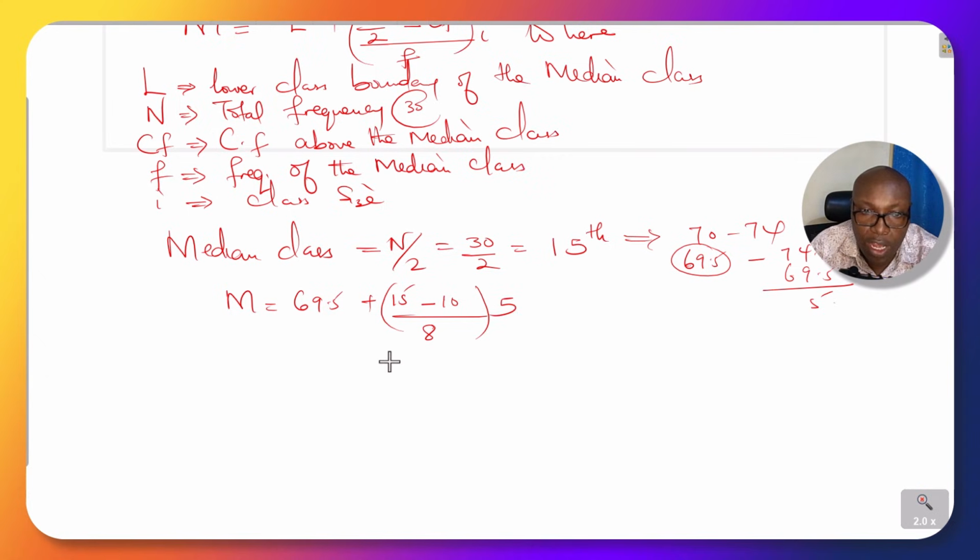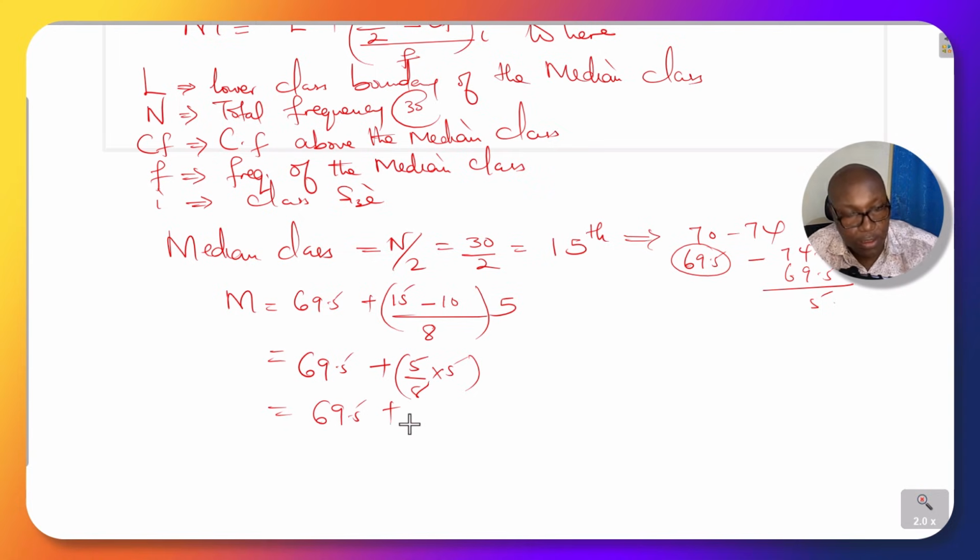So multiply by 5. So this will be 69.5 plus 15 subtract 10, that is 5, over 8, multiplied by 5, which will be 69.5 plus 25 divided by 8, that is 3.125.